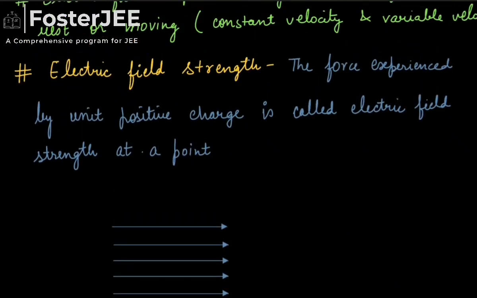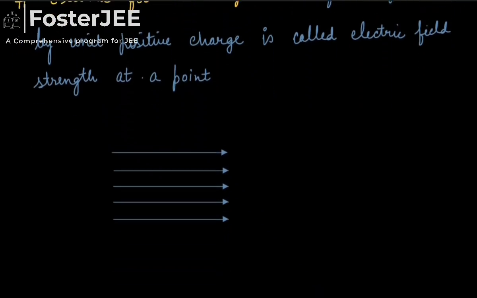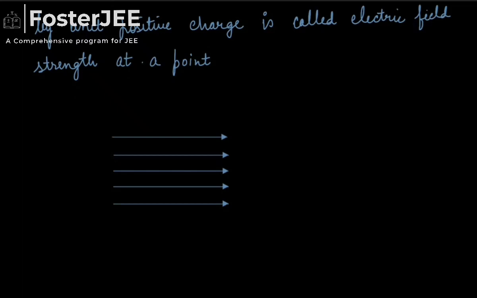Now, one thing we will mention that electric field strength is denoted by E. For an example, suppose this is a region in which electric field of intensity E is traveling from this direction to this direction.